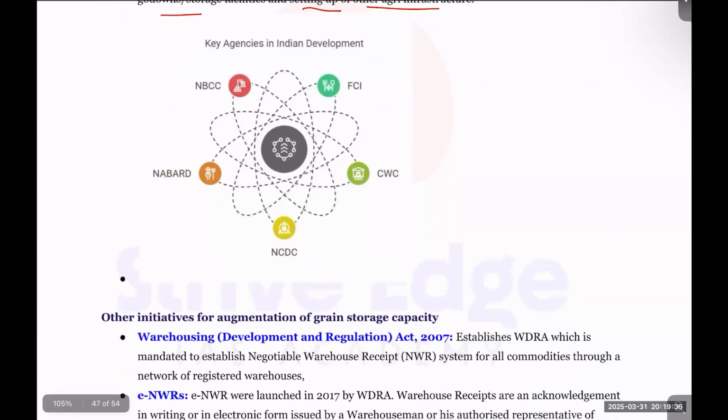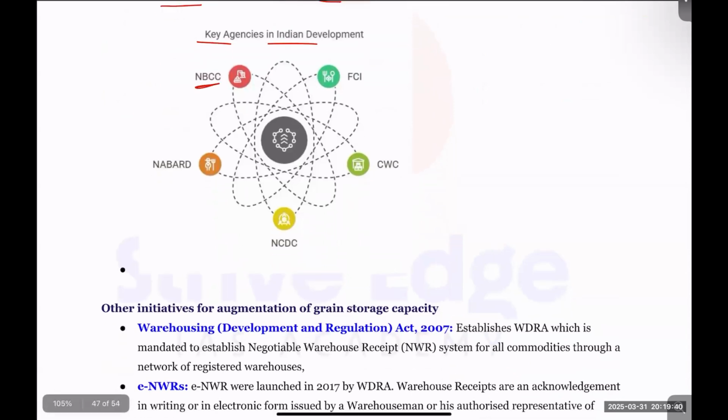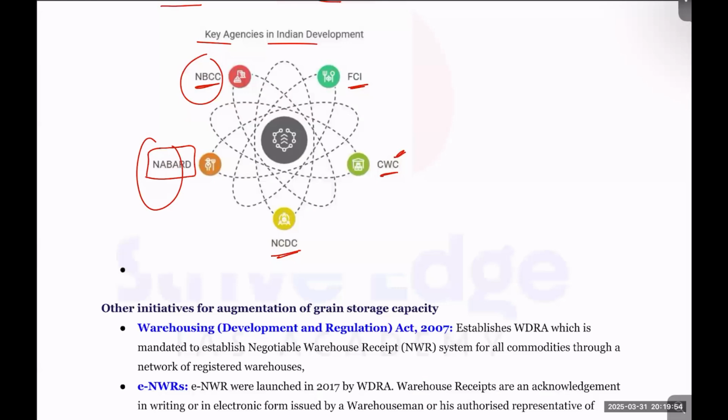Okay, who are the key agencies involved in this sector? It will be NBCC, FCI, that is Food Corporation of India, CWC, Central Warehousing Corporation, and NCDC, National Cooperative Development Corporation. Okay, and NABARD. So these are the agencies which will be implementing it. NBCC is the construction company.